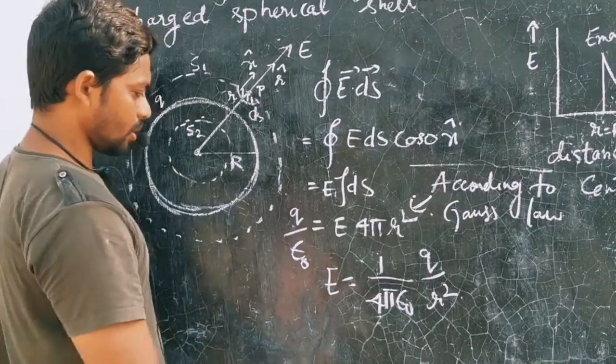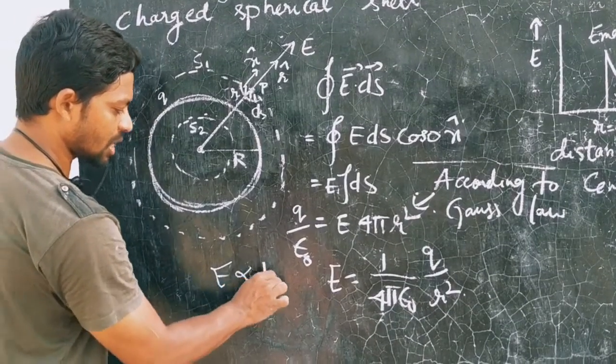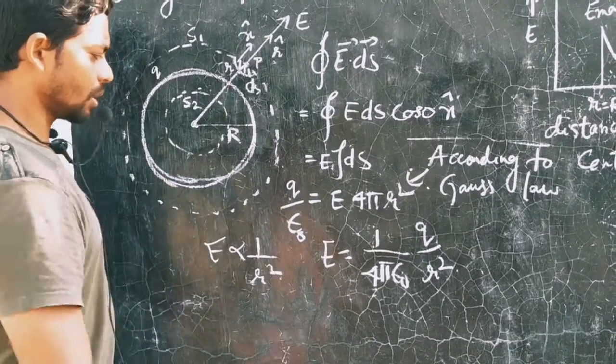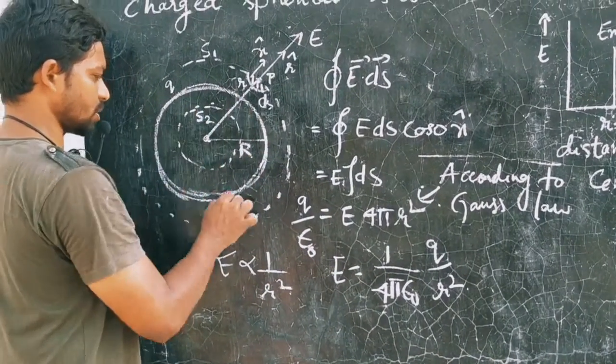It is very clear here that E is inversely proportional to r square. What about the electric field intensity on the surface?